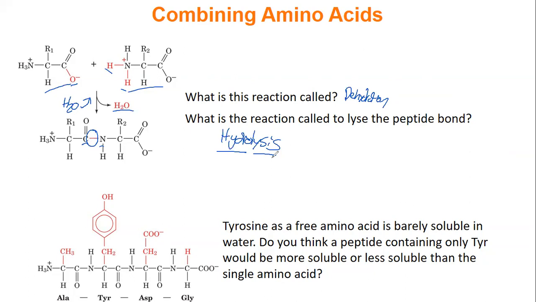So those are the names of the reactions for combining amino acids and cutting amino acids. Now here at the bottom, I have a simple peptide. So when you hear the word peptide, peptide just means amino acids connected together with peptide bonds. Proteins are peptides.